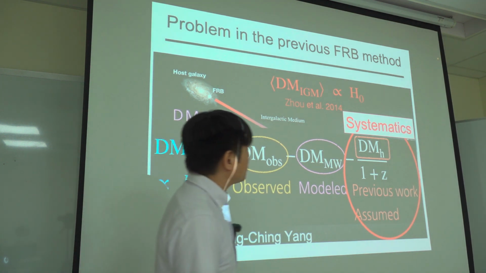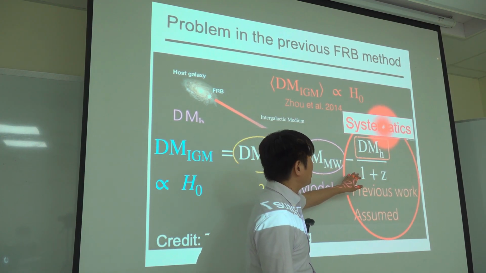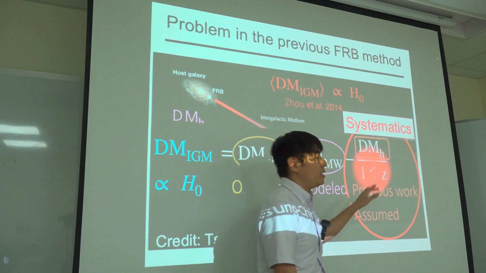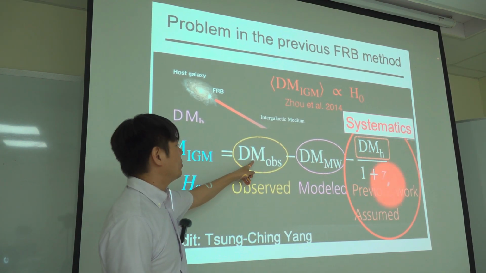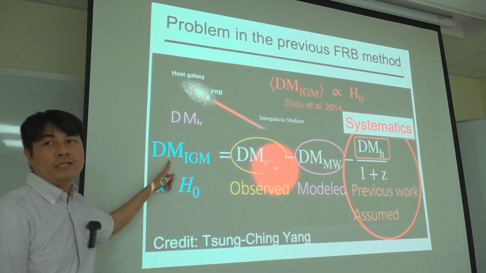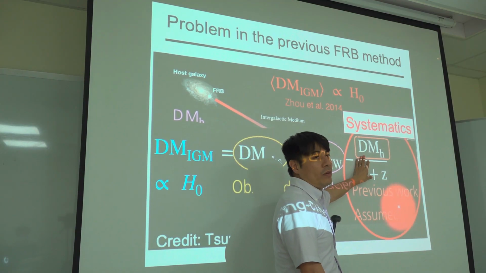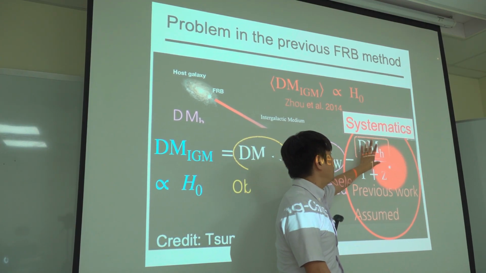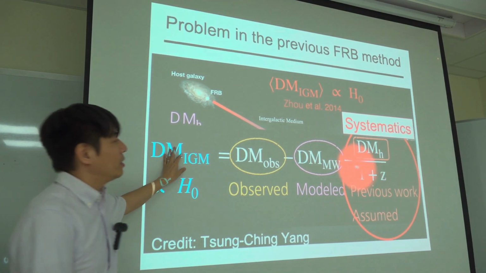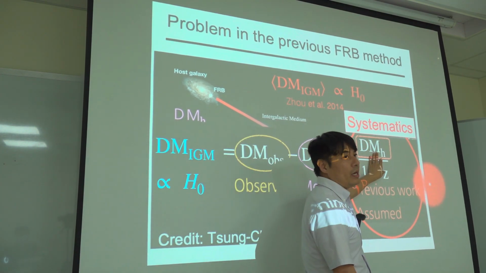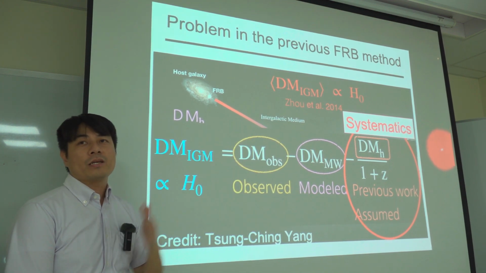You can imagine, if we put the wrong number here, then we are subtracting the wrong number from DM obs, and we get the wrong number of DM IGM. It's not good, and this works as a systematic. If you overestimate DM host, then we underestimate DM IGM. If you underestimate DM host, then we overestimate DM IGM. So this is really systematics.